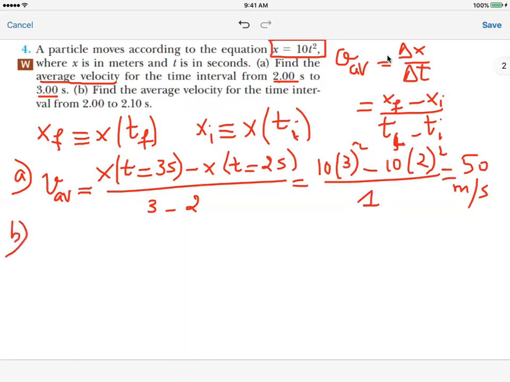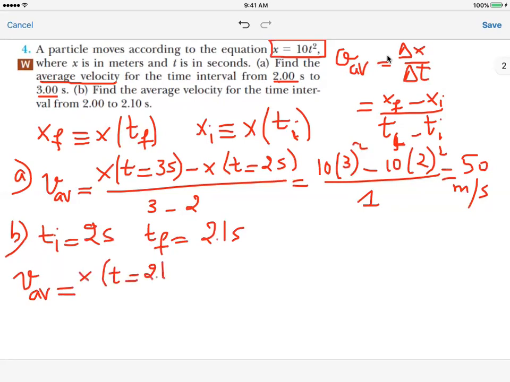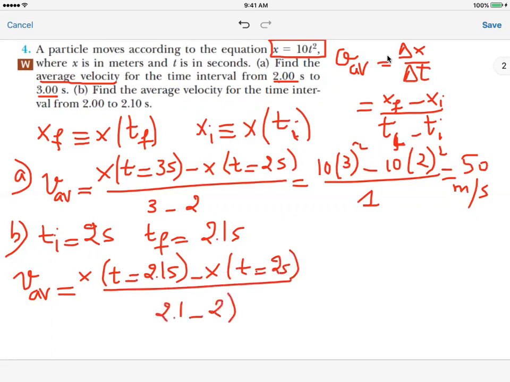Now in part B, the question is the same. We have to find the average velocity, but for a different time interval. In this case, t initial is equal to 2 seconds, while t final is equal to 2.1 seconds. Of course, we are going to apply the same definition. V average is given by x evaluated at t final, 2.1 seconds, minus the position evaluated at the initial time, 2 seconds, divided by 2.1 minus 2.